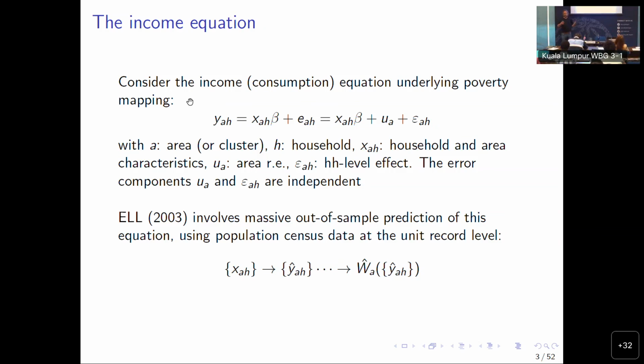Now, it so happens that most of this literature that does opt for estimated location effects, called empirical best prediction, was developed with higher income countries in mind.